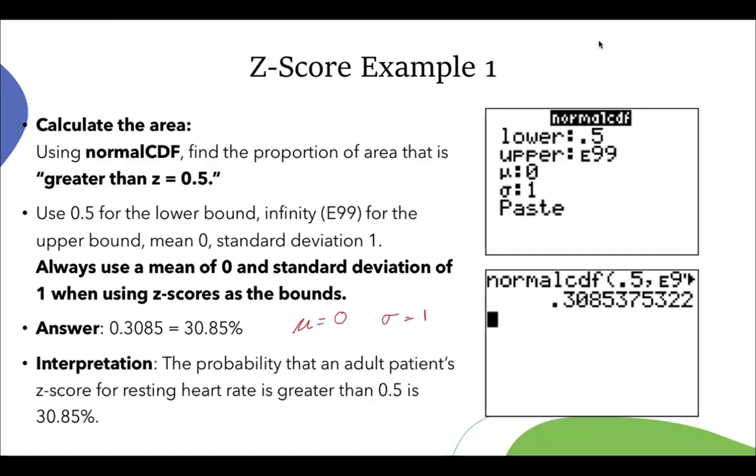Let's interpret this. The probability that an adult patient's z-score for resting heart rate is greater than 0.5 is 30.85%.